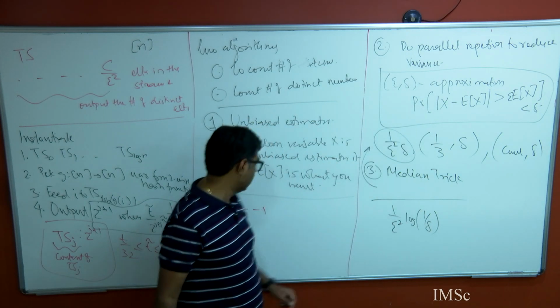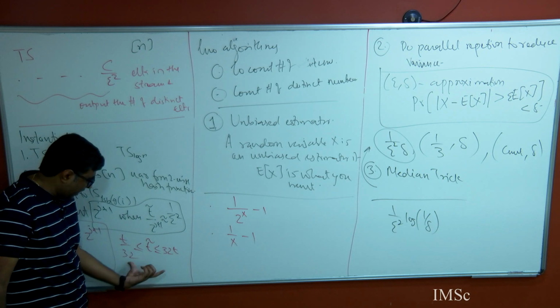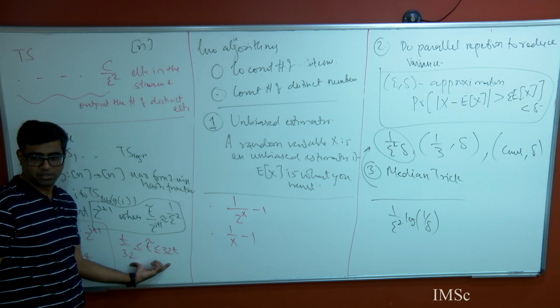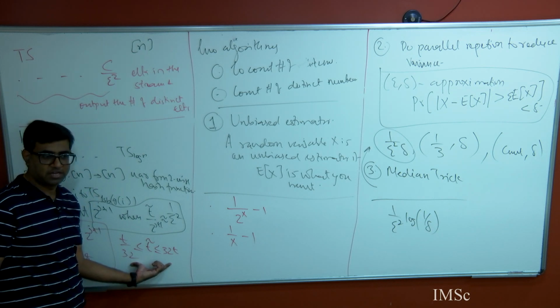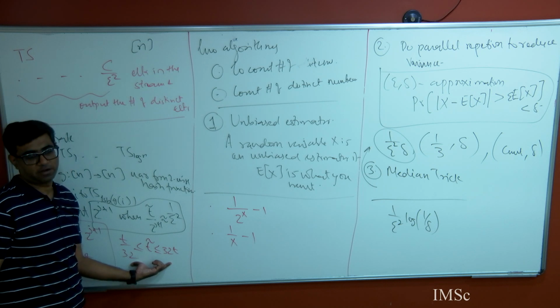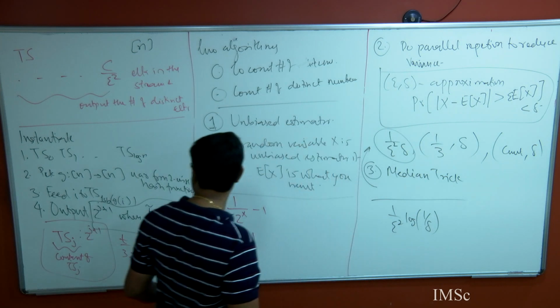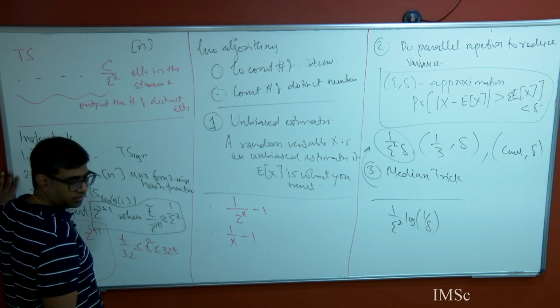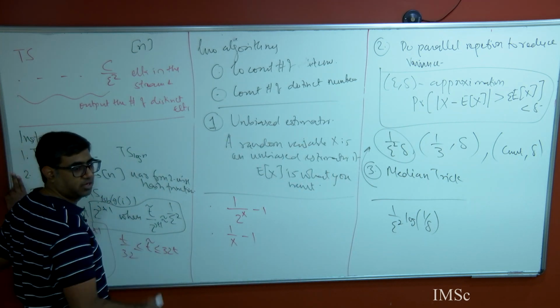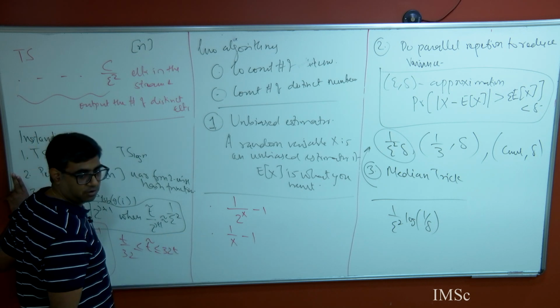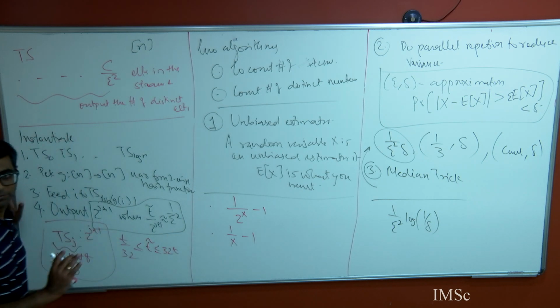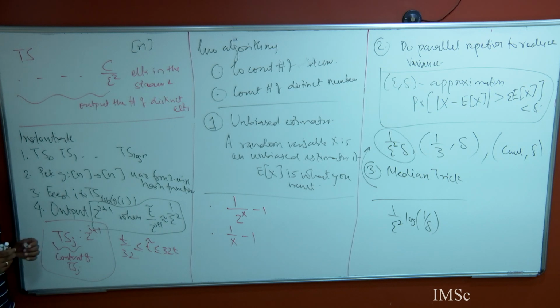For example, here our unbiased estimator itself was a good constant factor approximation, so I did not need parallel repetition, and I directly went to this kind of boosting to get a 1 plus epsilon approximation. Okay, so that should set up the plan for most of the things which we want to have a look at. Okay, so now we are going to see.